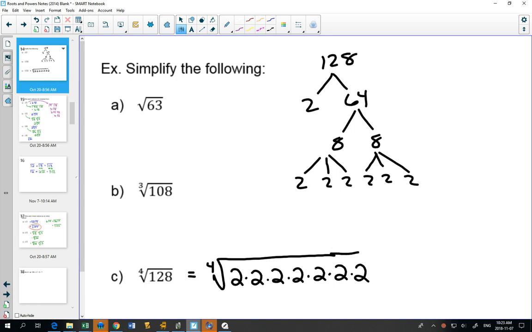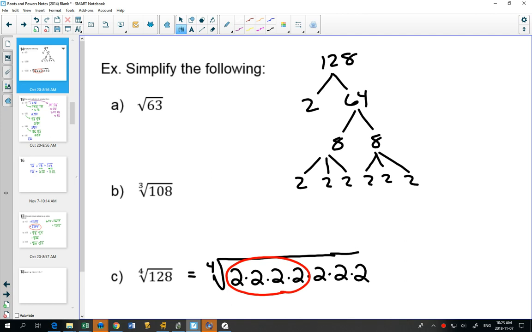How does that help us? Well, because we're dealing with a fourth root, it says that if you have 4 of the same thing, the fourth root of that will be whatever that thing is.